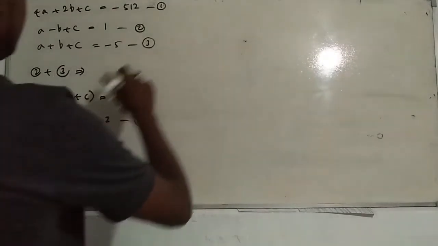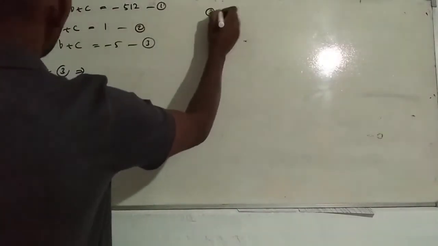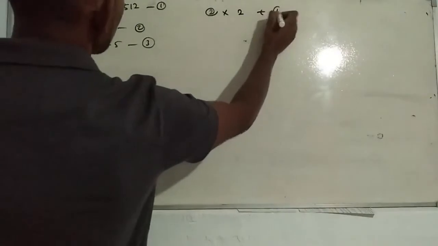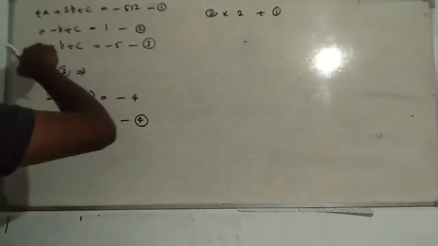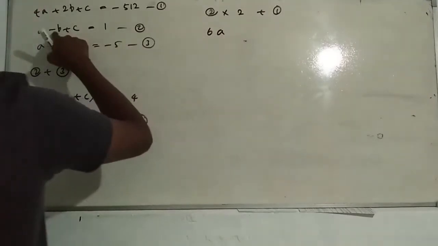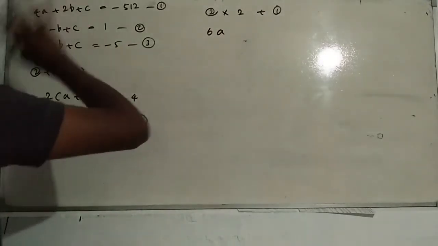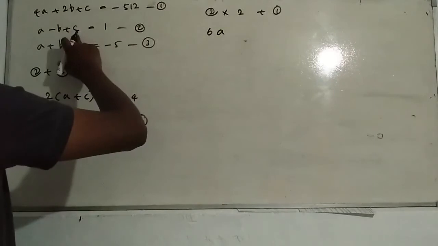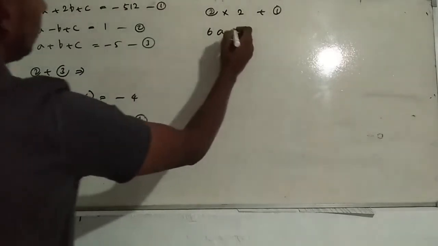Now I multiply the second equation by 2, then add the first equation, right? Then 2a plus 4a, that means 6a. 2b minus 2b plus 2b, those terms will cancel. Then 2c plus c, that means 3c.